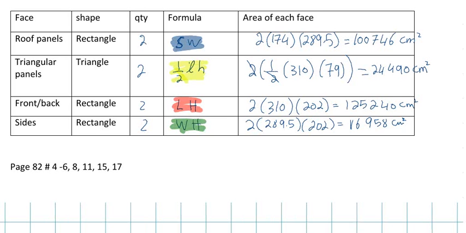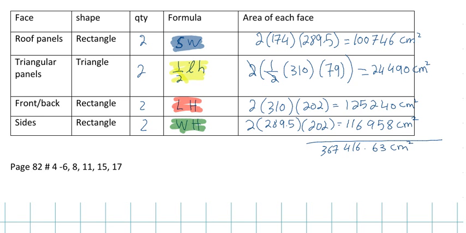So if I add all of these up, I will get 367,416. So this would be the surface area of the exterior of the shed.